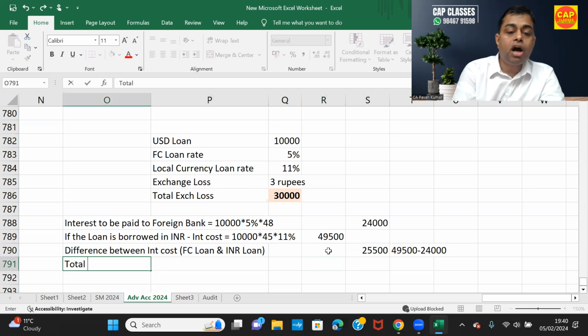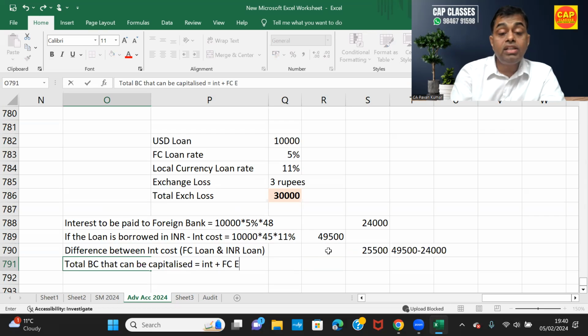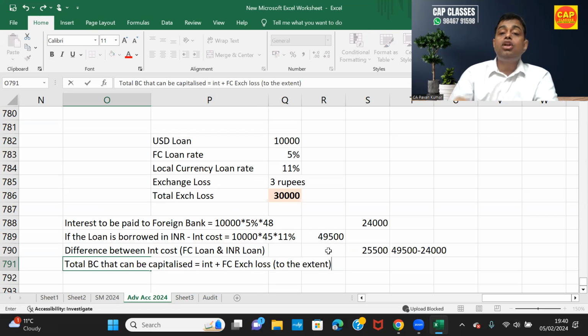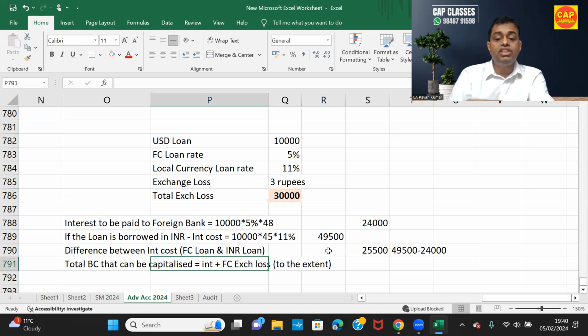So total borrowing cost that can be capitalized is equal to interest plus foreign currency exchange loss to the extent of the interest difference, which is 25,500.